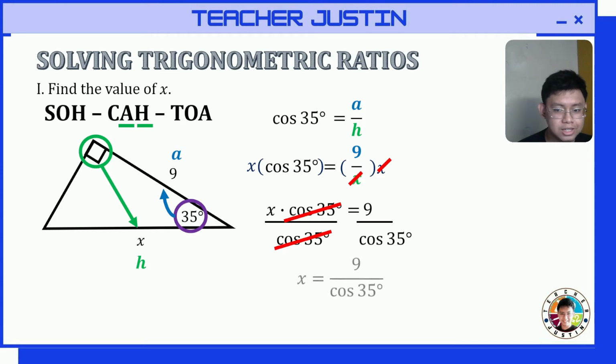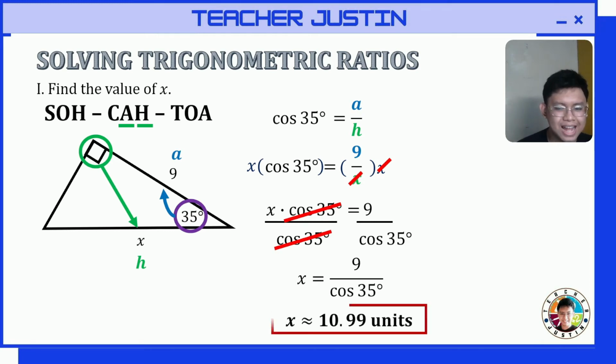Okay, giving us x is equal to 9 over cosine 35 degrees. Now, using our scientific calculator, let's compute for 9 over cosine 35 degrees. And that will give us an approximate value of x, which is 10.99 units. And that will be our final answer.